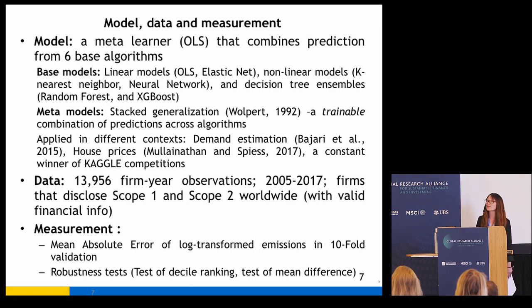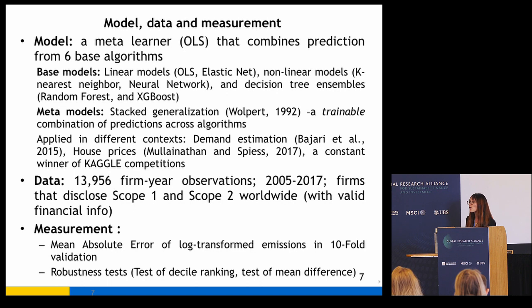The model that we are using is a meta model that combines the predictions from the base learners, and it will try to learn the best weight that could be assigned to each base learner, and then combine them together to have the best prediction.